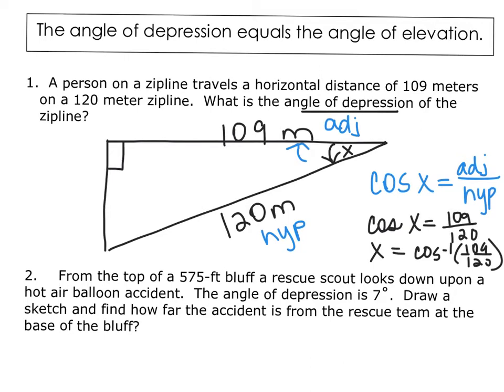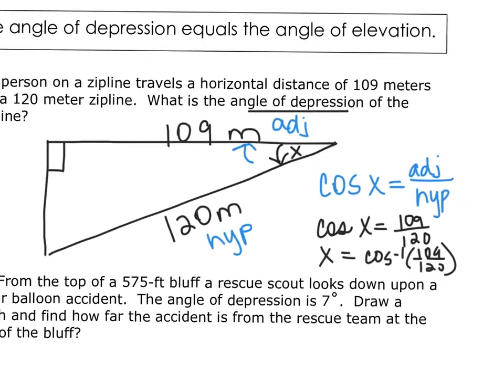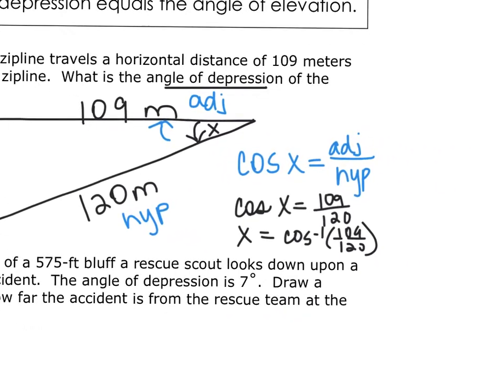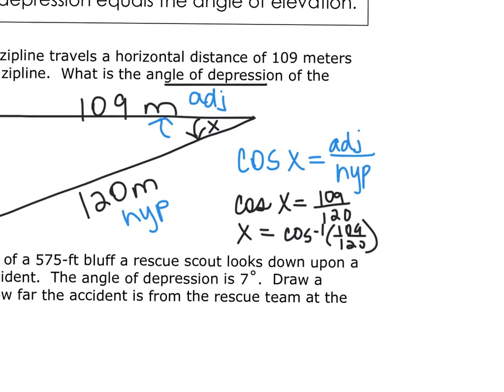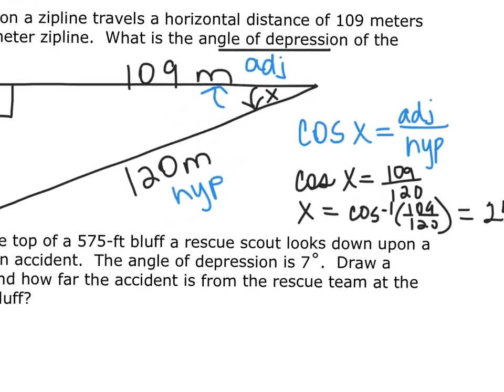Okay, so we'll go to our calculator, and when we plug that in, we get that our angle is approximately 24.7 degrees. So let's look at the next example.